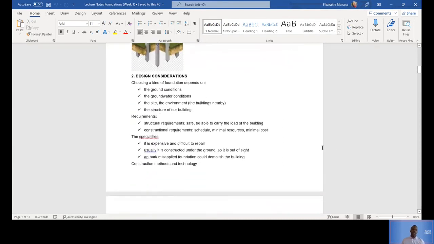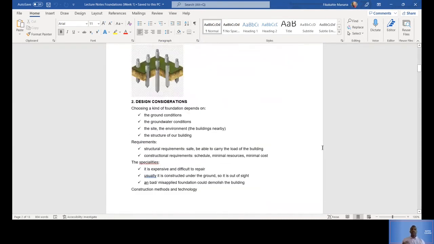Now, there are certain design considerations that need to be made to decide what type of foundation should be used. The kind of foundation depends on the ground condition. What type of ground is there? Is the soil sandy or rocky?